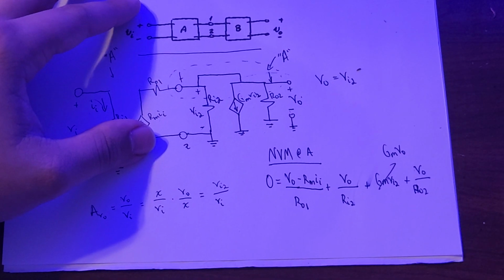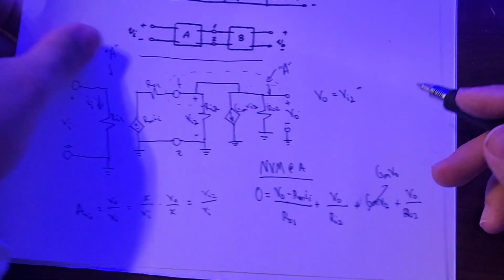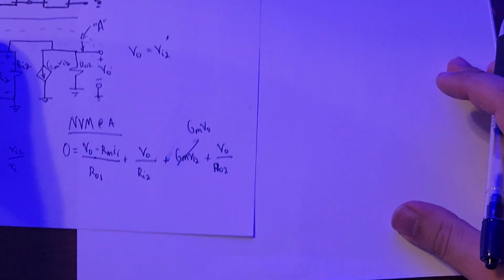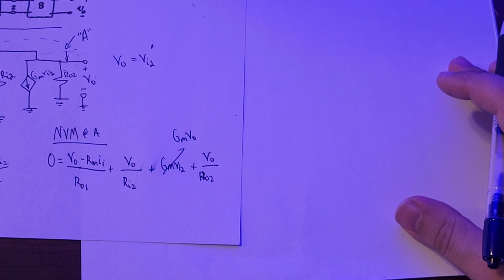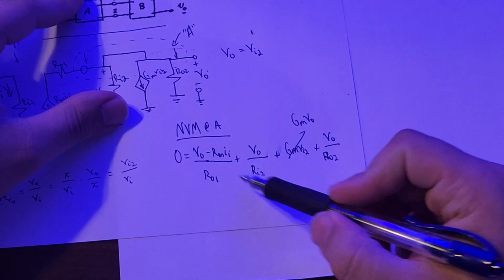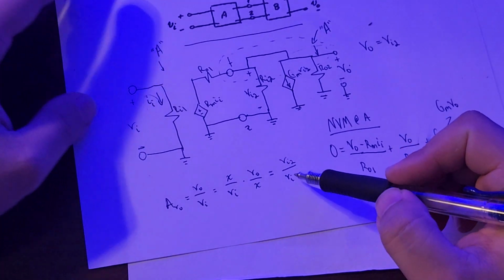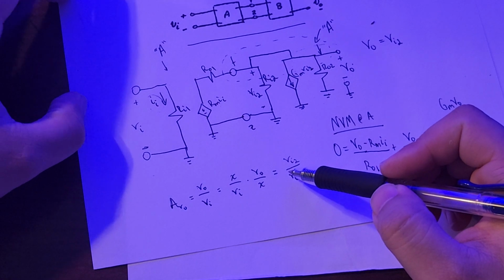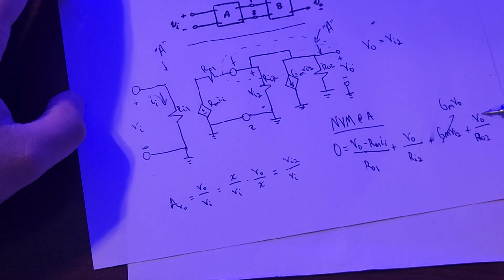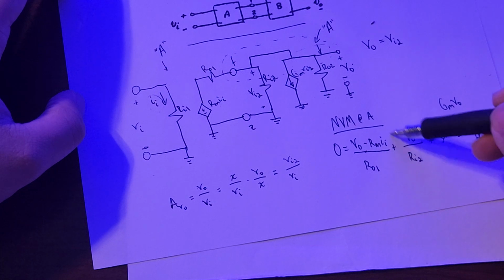Anyways, okay, so we have this equation, and we want to solve for VO, because in our case here, we have all these VOs. This is what we want to solve for. VI we can find out, but there might be something with VI. In this case, there's not, but what is II?